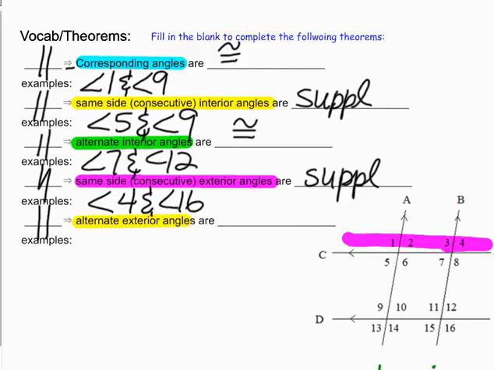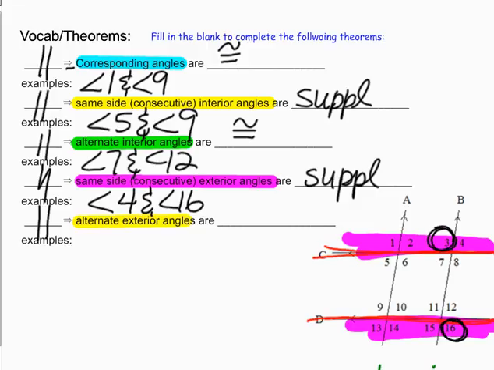So again, in the pink, here's our parallel lines. Then we want alternate exterior. So alternate exterior would be 3 and 16, or 4 and 15. So angles 4 and 15 is an example. And alternate exterior angles are congruent.